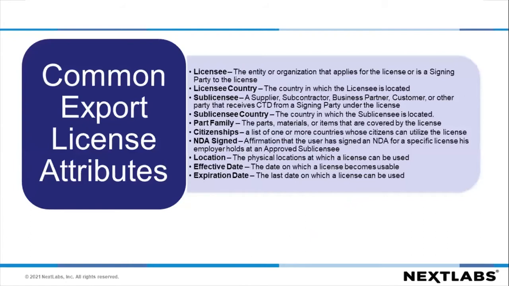Some of the most common attributes of export licenses that can be used to define these policies are who the licensee is, what country they're located in, if there's a sub-licensee and where that sub-licensee can be located, what type of material or asset is being controlled, and whether that's part families or it's the ECCN, the citizenships that allow access to such resources, whether an NDA has been assigned, and where the data or where the license can be used.